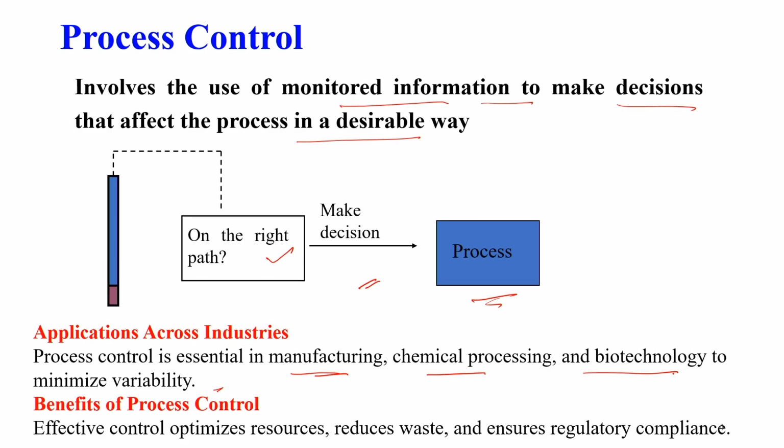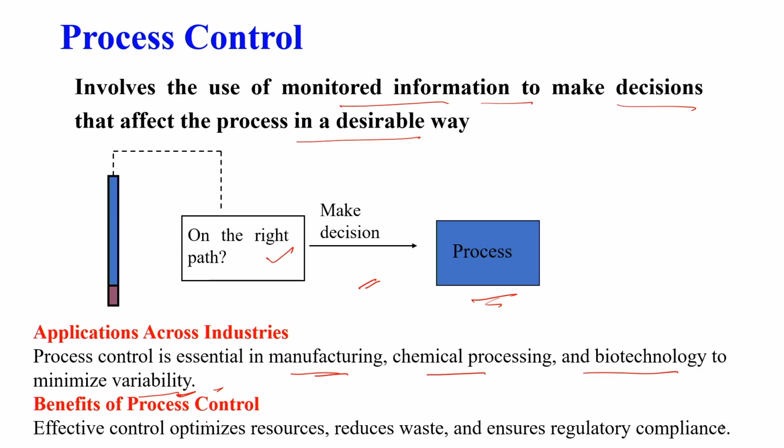And as you see, process control is very essential for different sectors including manufacturing, chemical processing and biotechnology to maintain consistency and minimize variability. If you have a biological system or any chemical reaction taking place at particular conditions, and you can maintain those conditions, consistency in the product can be ensured.